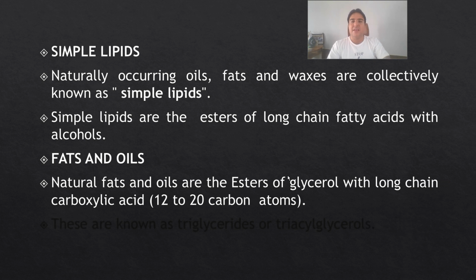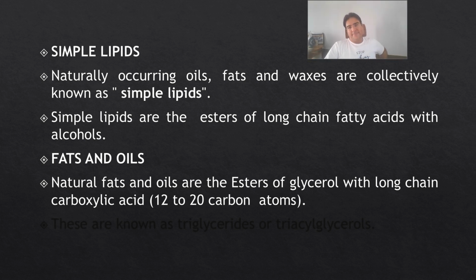here we go. Naturally occurring fats and oils are esters of glycerol. Glycerol has minimum 3 OH groups. More is okay. And carboxylic acid with at least 12 to 20 carbons. Not the ethyl acetate. No. Not the ethyl acetate or propyl. You need a carboxylic acid of a really long carbon chain.